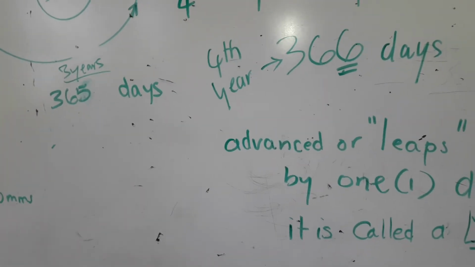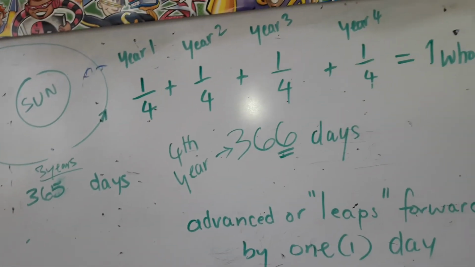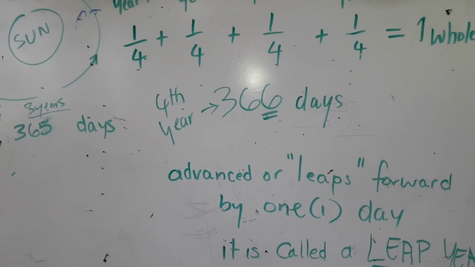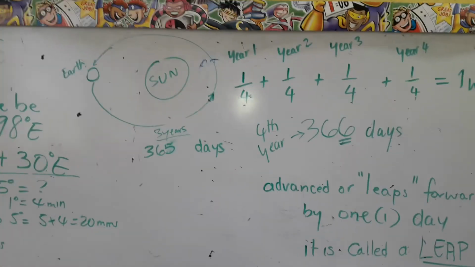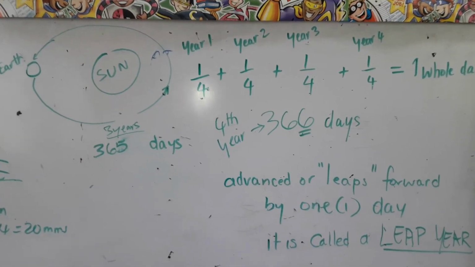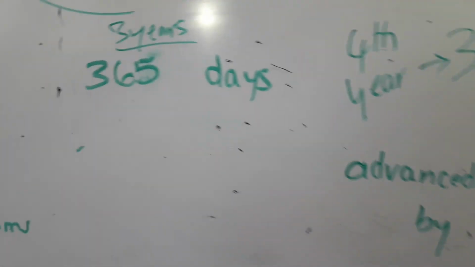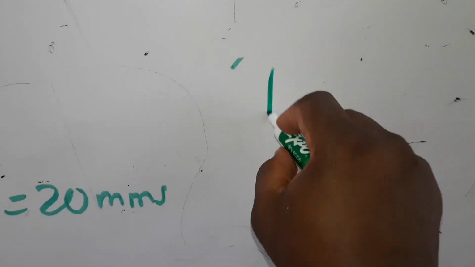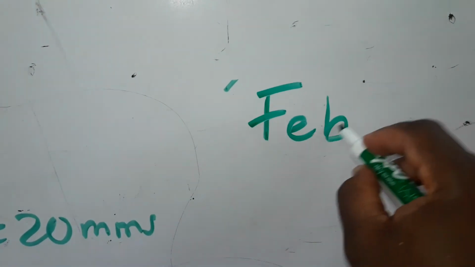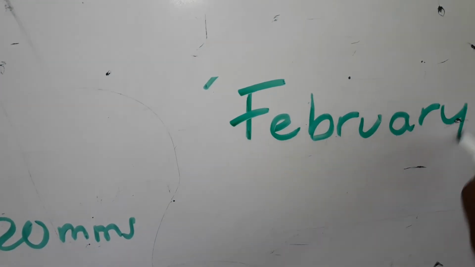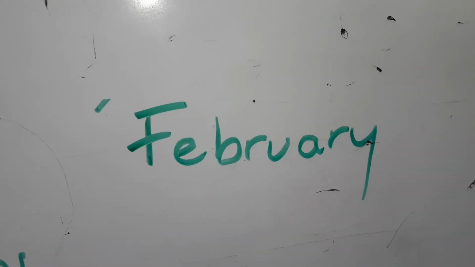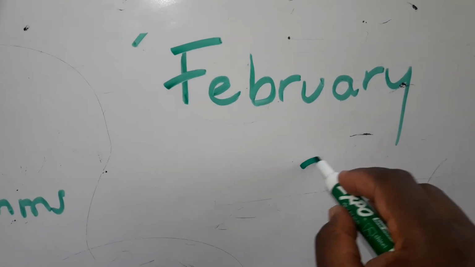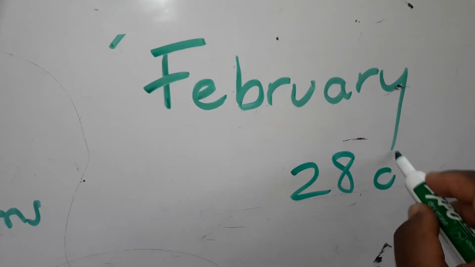And of course, I know you're very curious geography students, so you're asking yourself, where do we find space to put that extra day? Well, luckily, we have a very short month by the name of February, which under normal circumstances has 28 days.